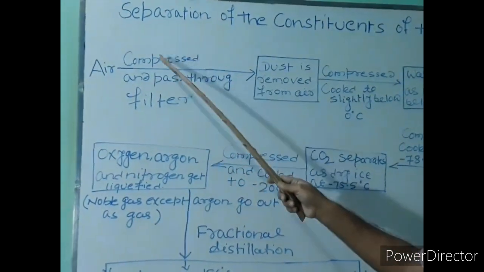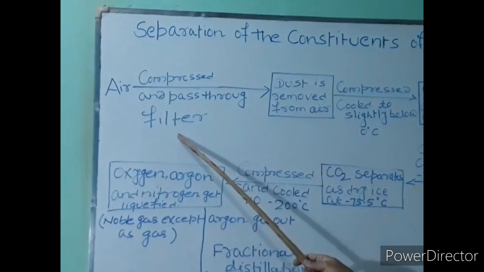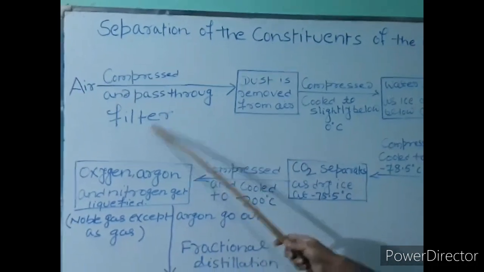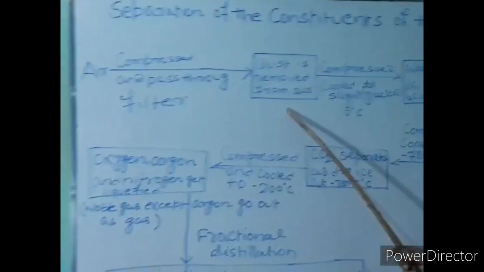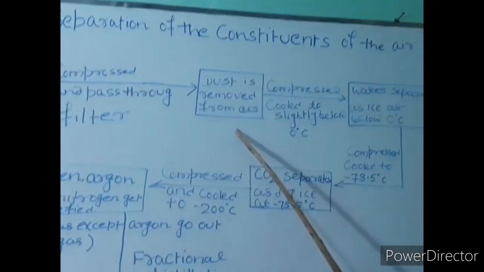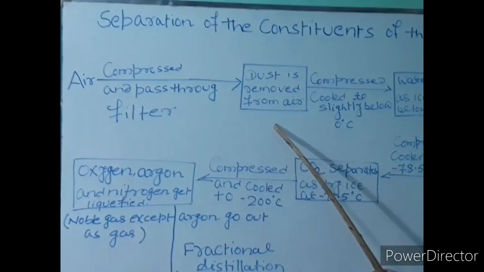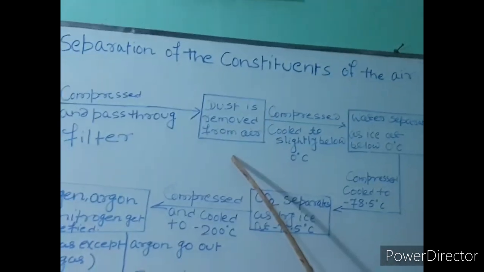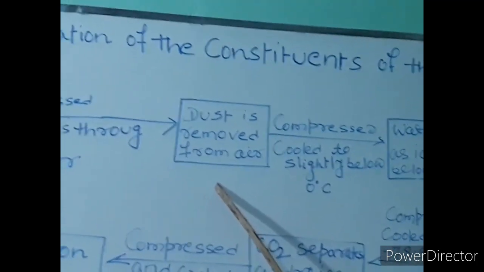Similarly, make the air compressed and pass it through a filter. When we pass the compressed air through the filter, dust is removed from the air, because as you know, dust is also present in air. In the colloidal topic we discussed that there are dust particles present in air.